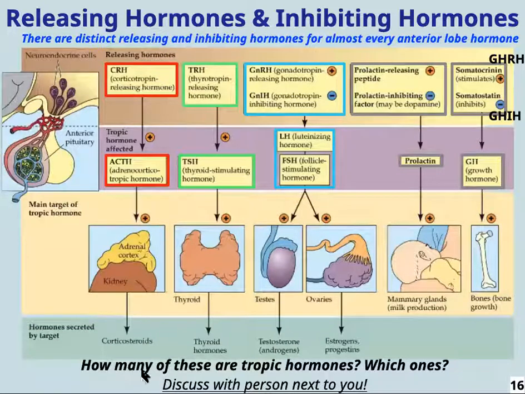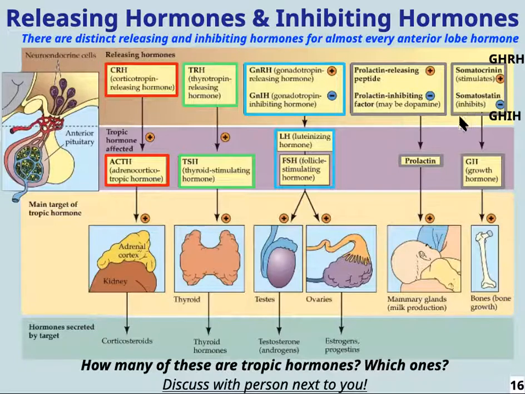So take a moment, again, pause this video, and count how many of these hormones listed here are tropic hormones. Are you ready for the answer? All right, so let's count. 1, 2, 3, 4, 5, 6, 7, 8, 9, 10, 11, 12.